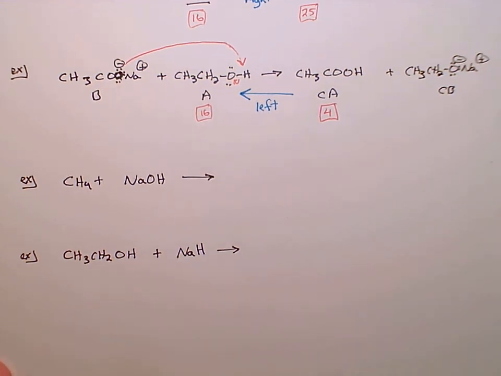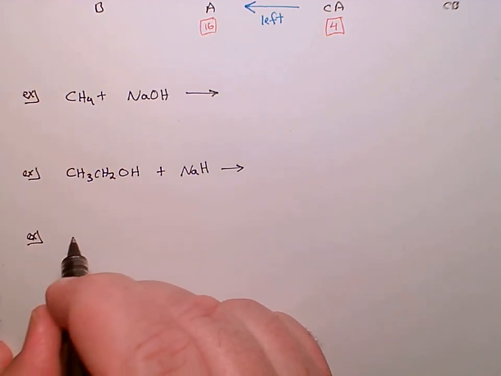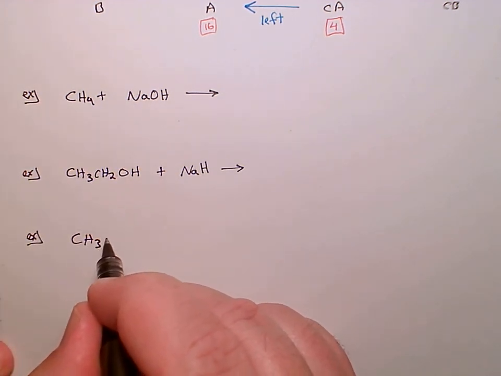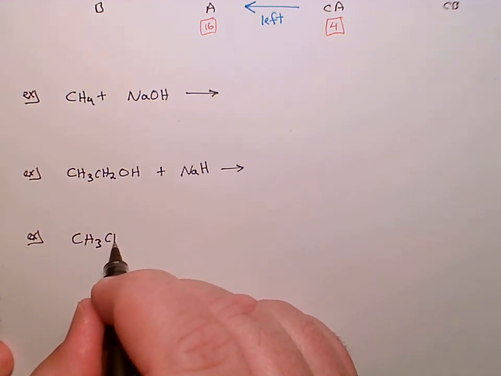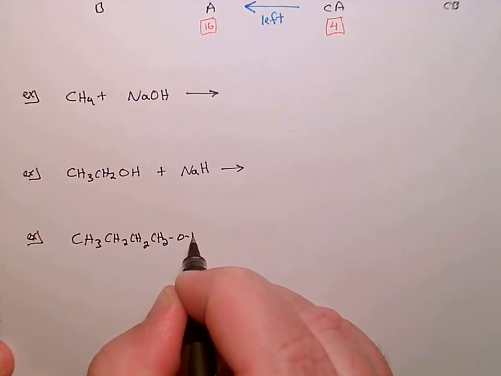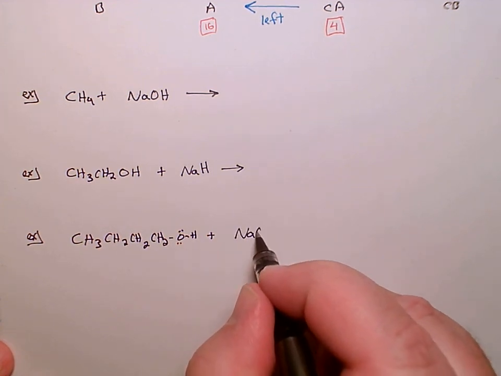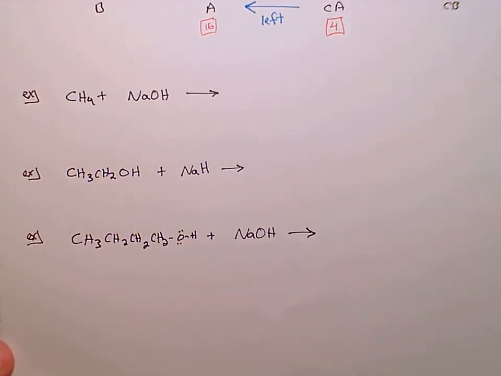What are the products, and which way does equilibrium lie? For example, what if you reacted CH3CH2CH2CH2OH plus NaOH? What are the products, and which direction does the equilibrium lie? Work on those on your own. And if you have questions, probably in lab, we can go through these.